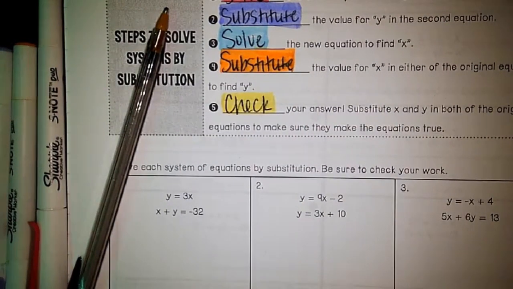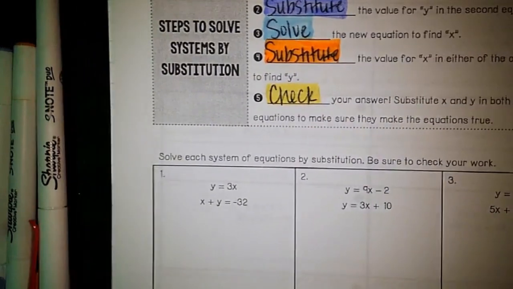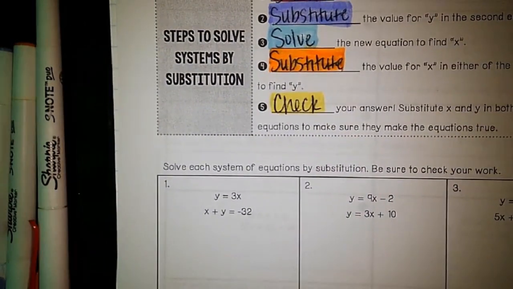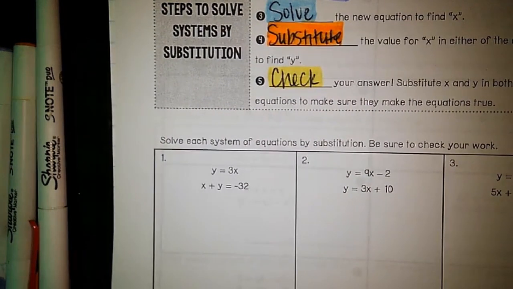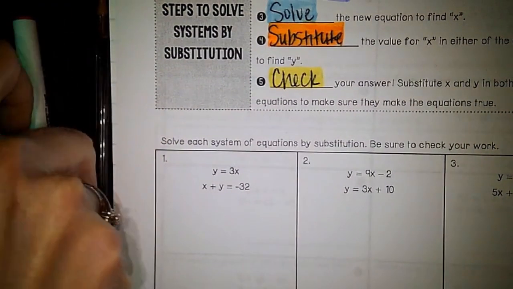Why not? We already have it. We already have one. Which one is it? Y equals 3x. Yes? Okay, if y equals 3x, what's our next step?